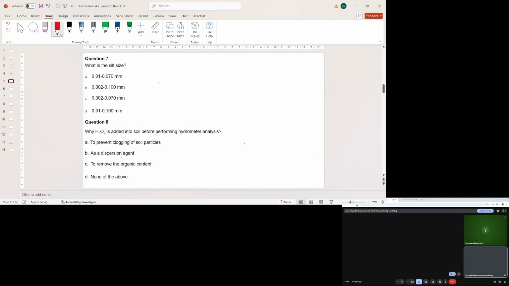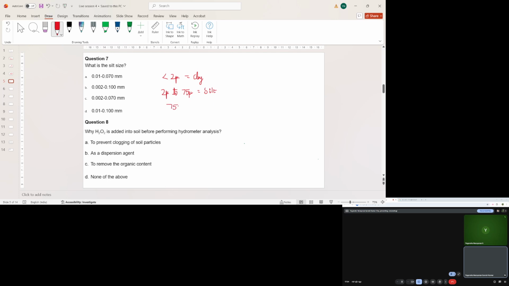We know that less than 2 microns is going to be clay sized. 2 microns to 75 microns is going to be silt.